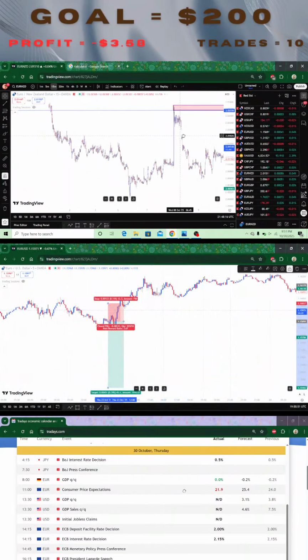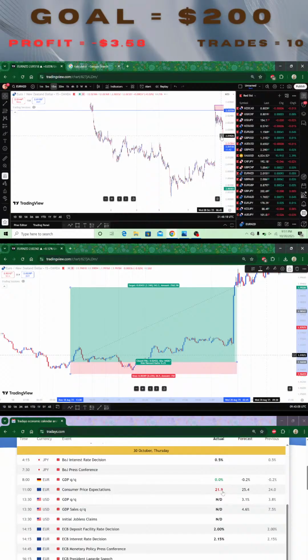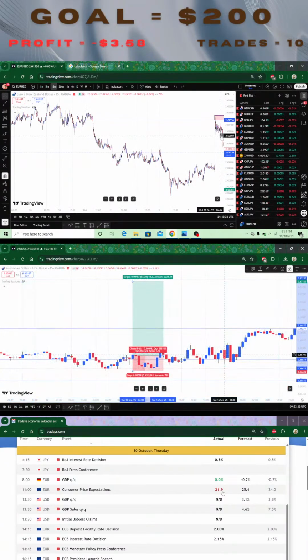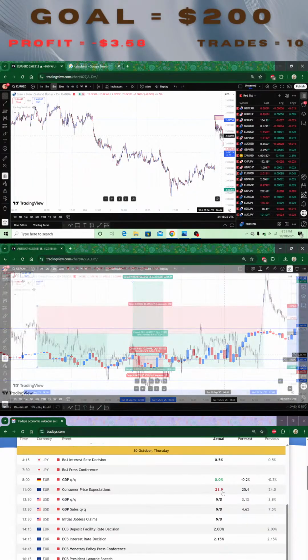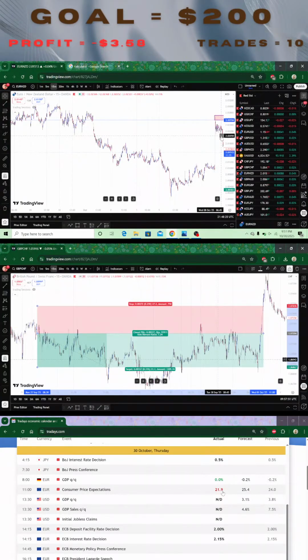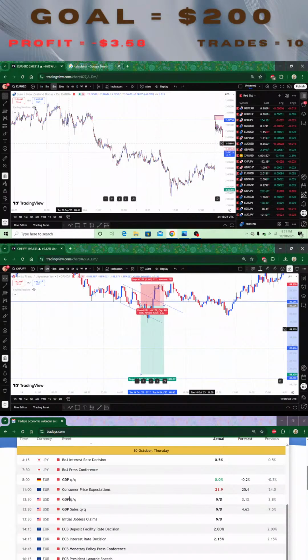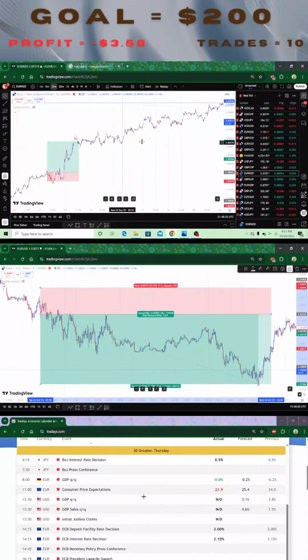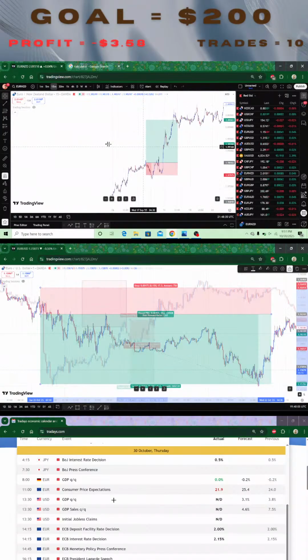I'm trying to figure out a way to get this thread running and find that thread. Okay, so Euro NZD. This is not the thread.